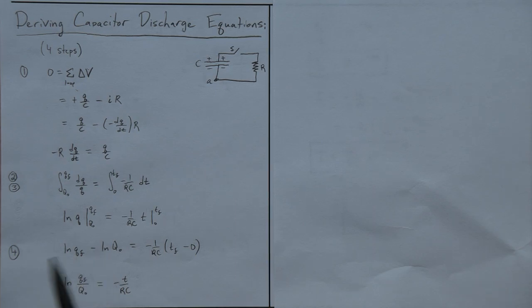The fourth step is plug in the limits and solve for Q. So we plug in the log of Q final, and then plug in Q0, and then plug in t final and 0, our two limits. We could combine these logs into one. With the subtraction, you put this term in the denominator inside the log.